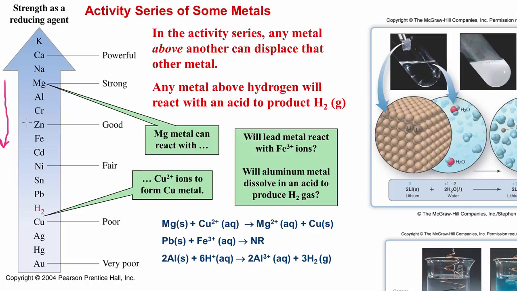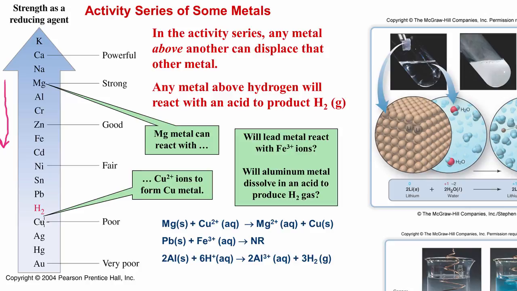Again, the metals at the top of this list are more easily oxidized, and they react more readily to form compounds. A lot of the metals at the bottom of the activity series, such as silver and gold, are very poor reducing agents, and they lose their electrons less readily. These metals are used to make coins and jewelry, and we call them the noble metals. That's because they're not very reactive at all.